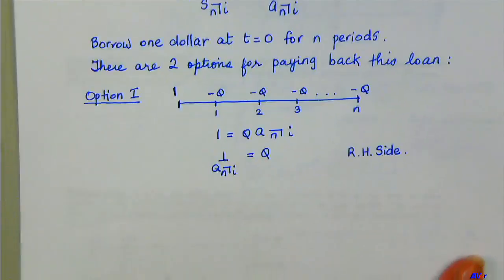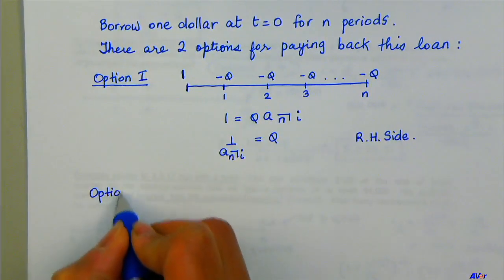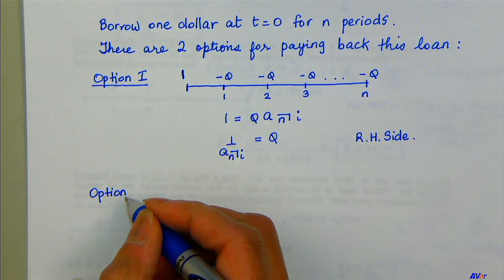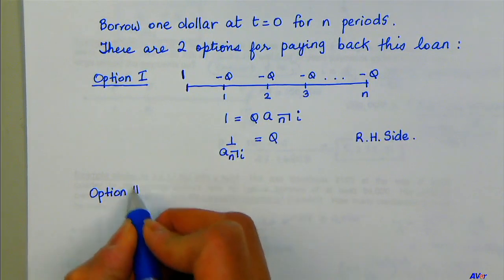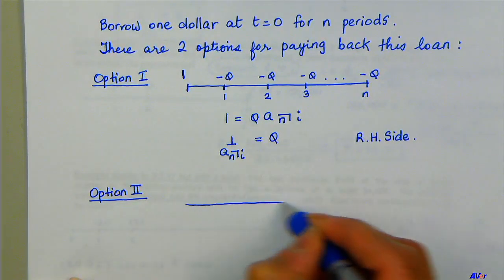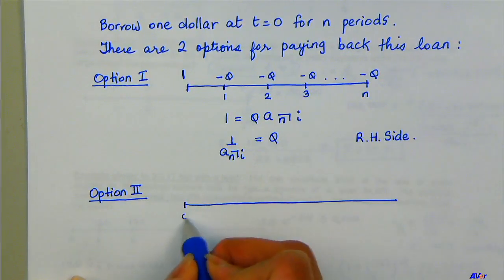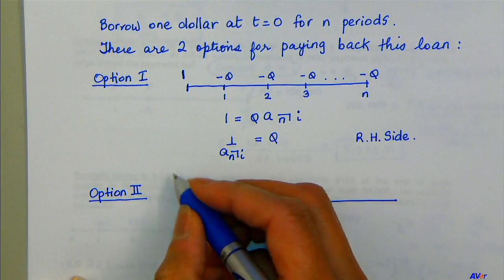The other option for paying back this loan is to not pay back any part of the principal as you go along, and only pay back interest. Option number 2: at time 0, I borrowed 1.